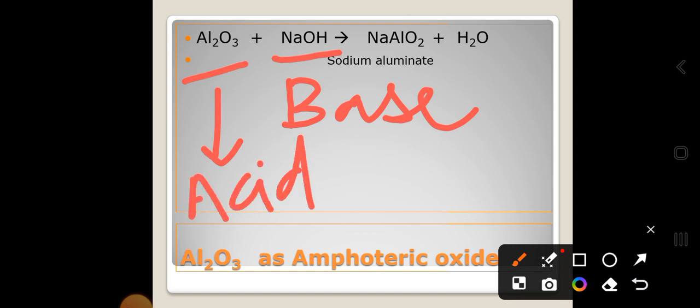In the previous example we took HCl and Al2O3 behaved as a base, and in this example we have taken NaOH, which is a base, so Al2O3 acts as an acid. This way some of the metal oxides can serve as both acid and base in reactions. The products would be sodium aluminate as a salt and water.